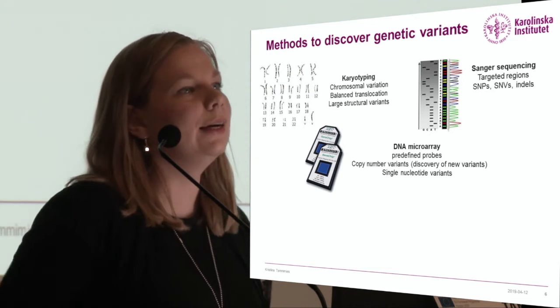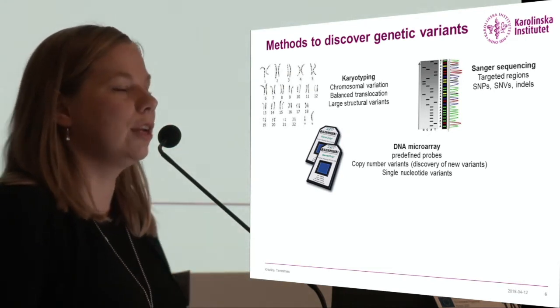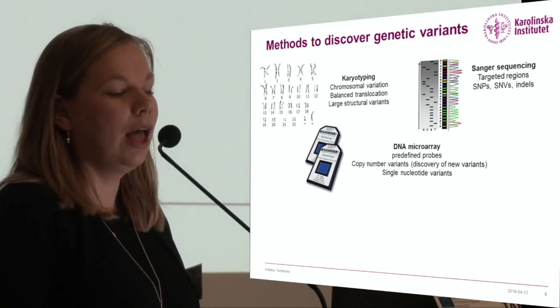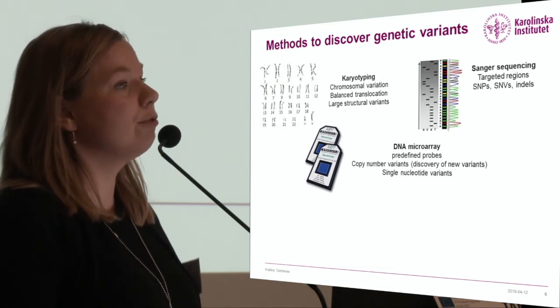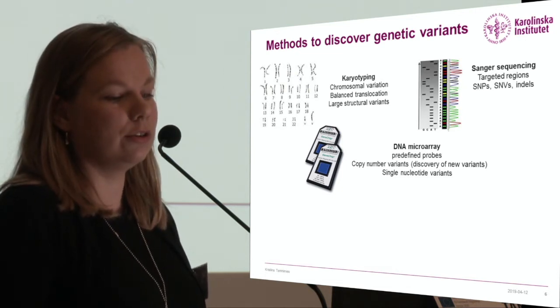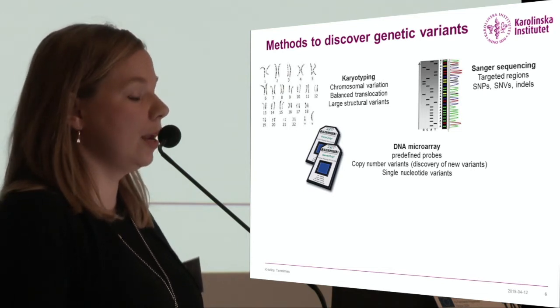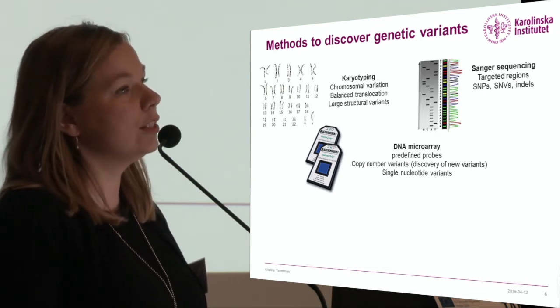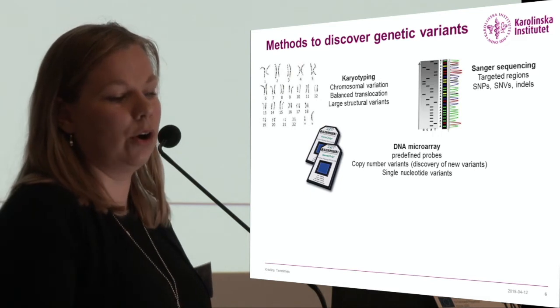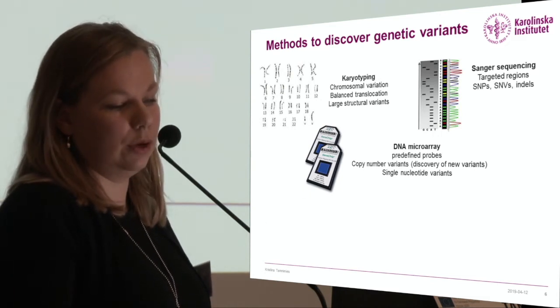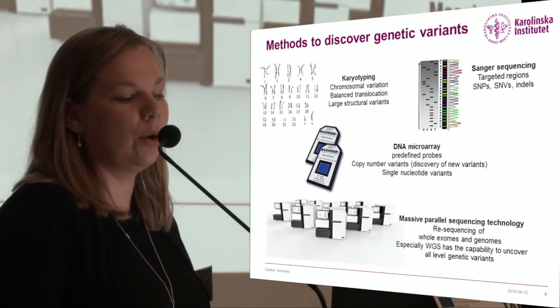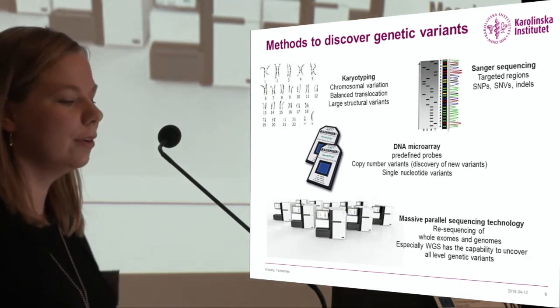Then we had DNA microarrays, which we'll talk a bit more about. This has really revolutionized our genetic research, because then we can look at genome-wide copy number variants, but also selected single nucleotide variants that were on the DNA microarrays. And we'll go more through it. And where we are now, I have an old picture here.